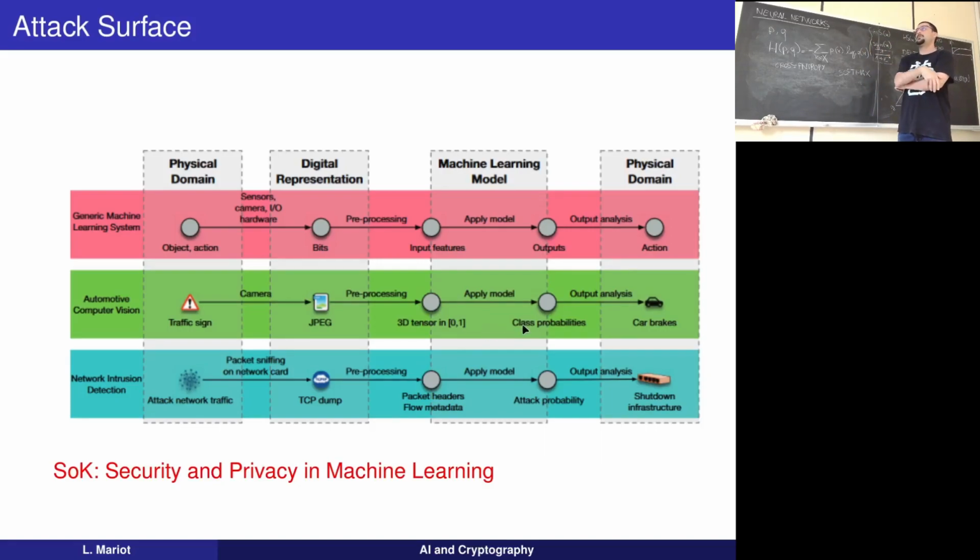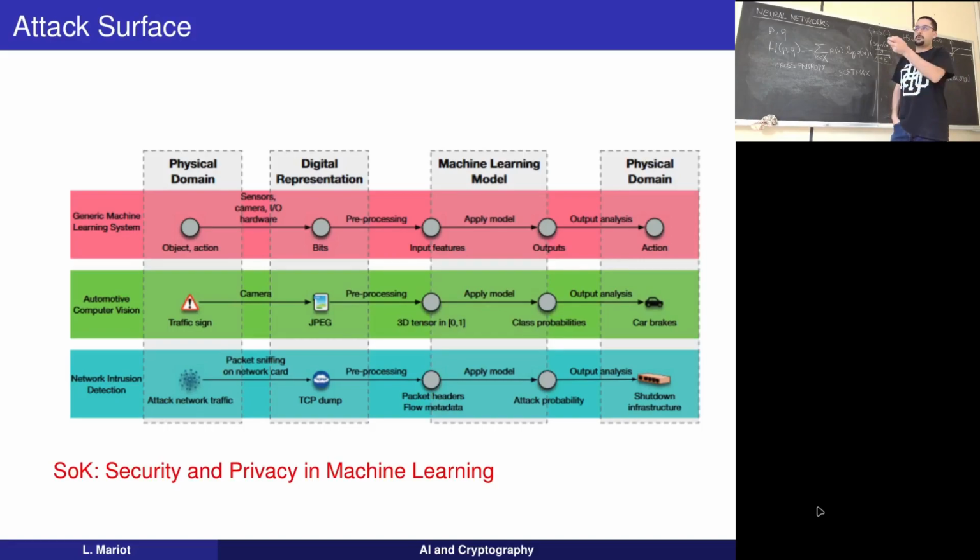Then we apply the model. From there, we have, for example, a softmax activation function that tells us the probabilities of the various classes. Then we take the maximum probability and we act back on the real world, and for example, we engage the car brakes.